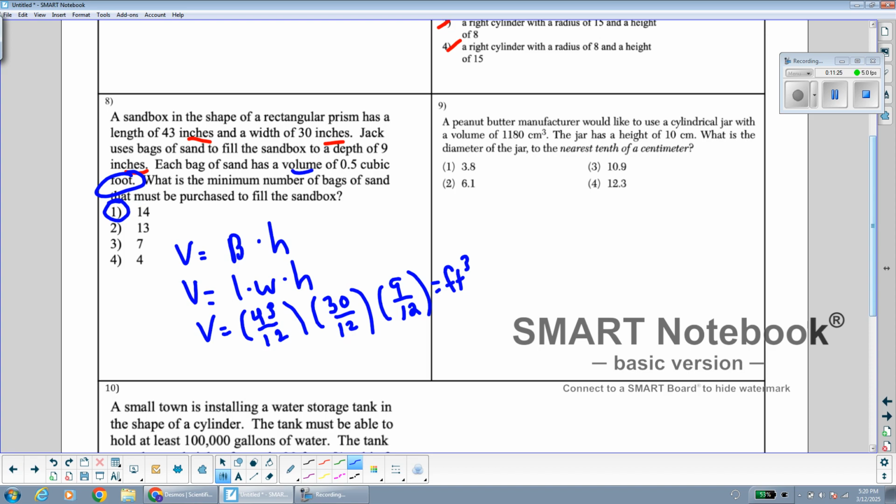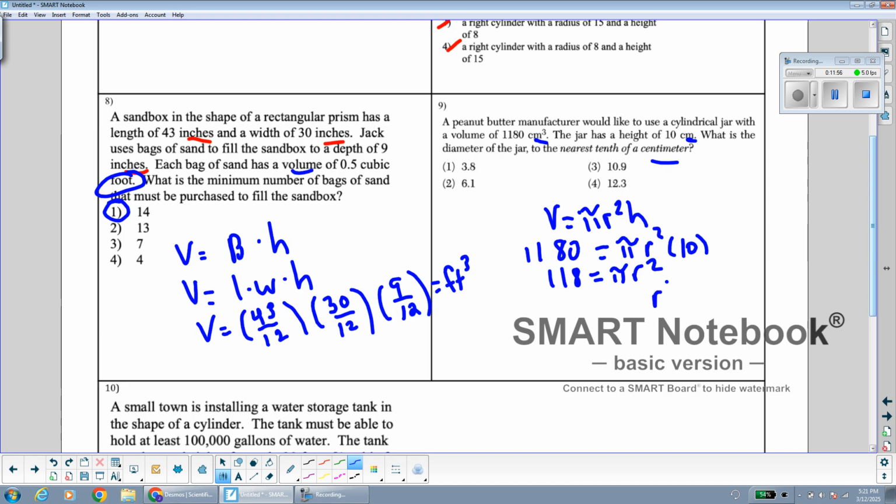In number 9, we have a cylinder with a specific volume. So I'm going to write down my formula. Centimeters cubed, centimeters, centimeters, no conversions here. The volume is 1,180. We are solving for the radius because that will give us the diameter. And the height is 10. If I divide both sides by 10, I have this. If I divide both sides by pi, I have this.